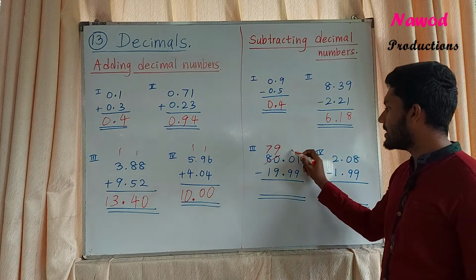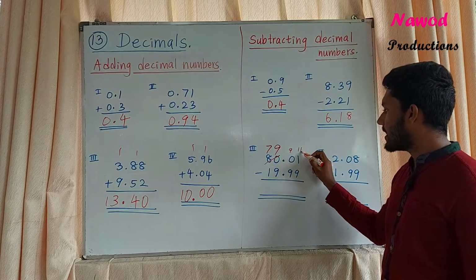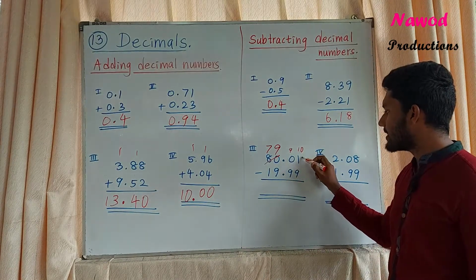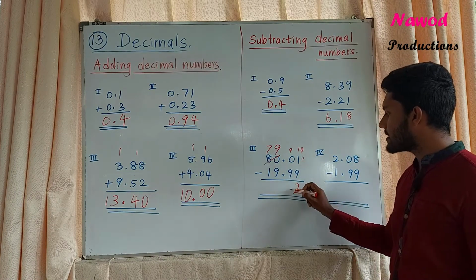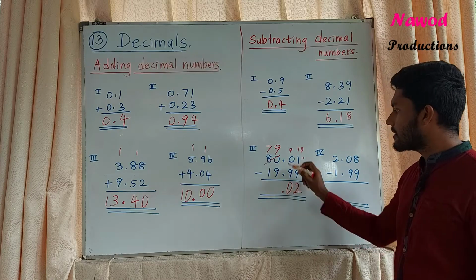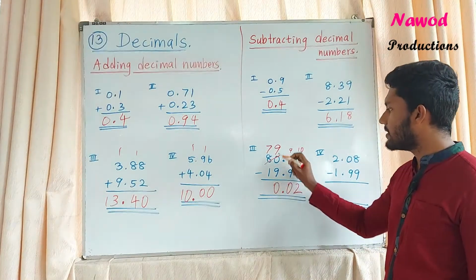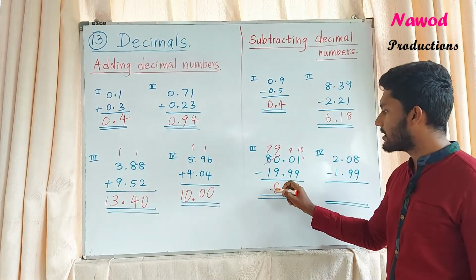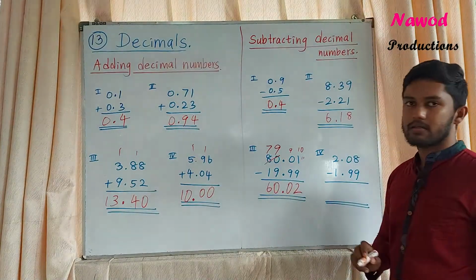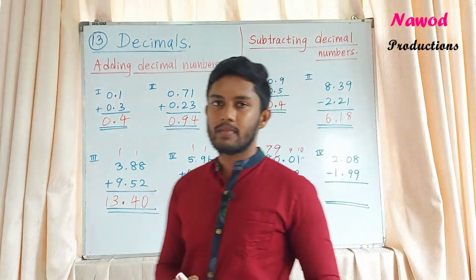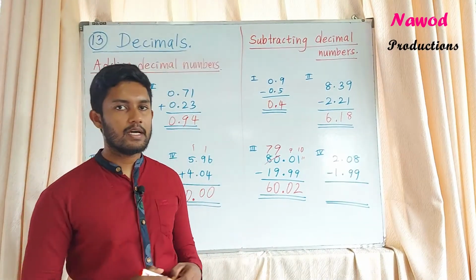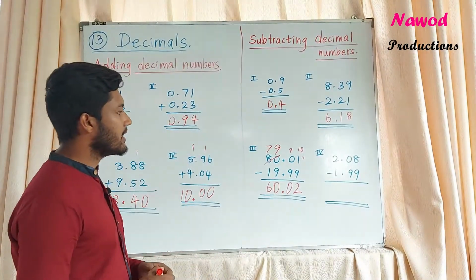Then here 9. Then here 10. 10 plus 1, 11. 11 minus 9, 2. 9 minus 9, 0. 9 minus 9, 0. 7 minus 1, 6. Likewise you can get the subtraction of the decimal numbers.